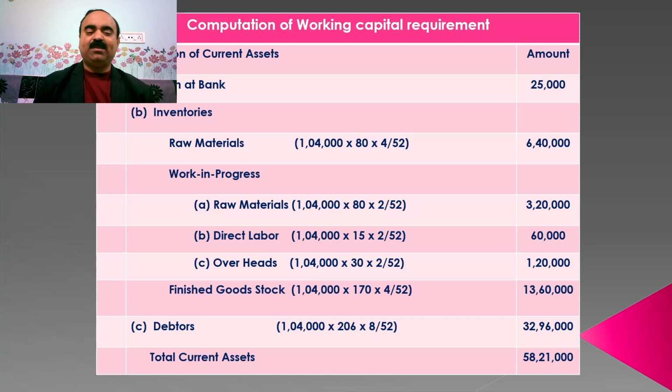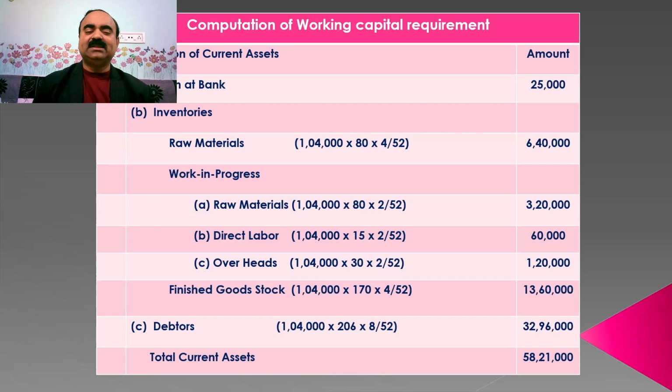Next step is computation of work in progress. Here in this problem, raw materials were given as 100% completion stage in work in progress, and conversion costs are assumed to be 50% completion stage.